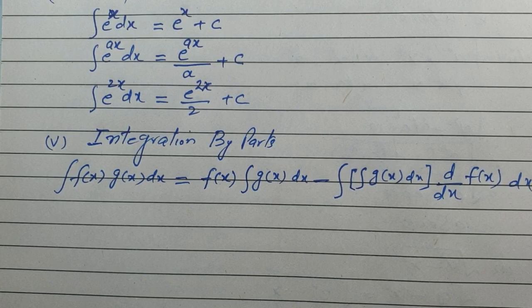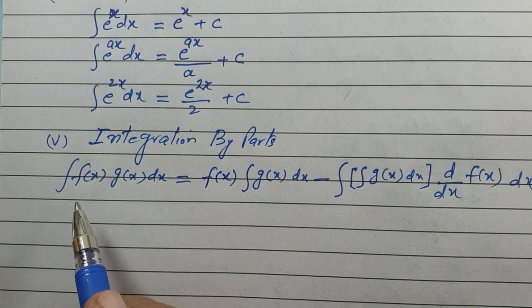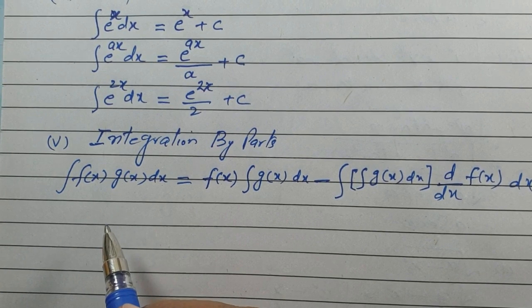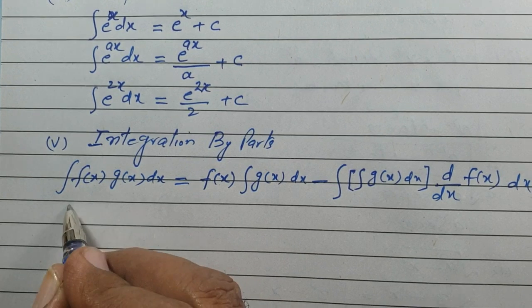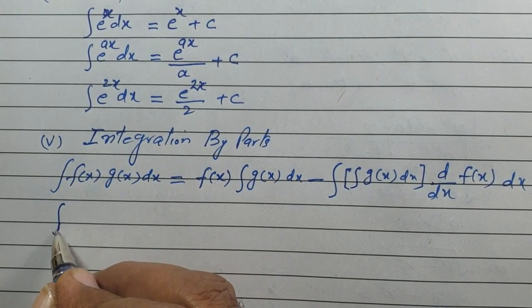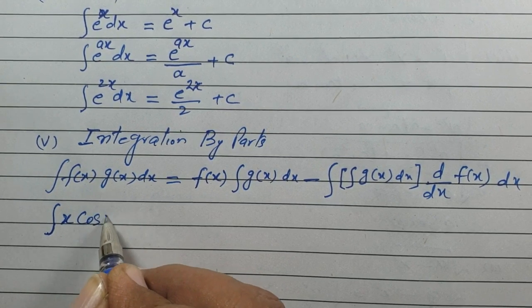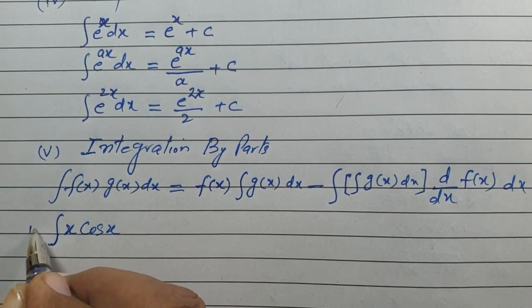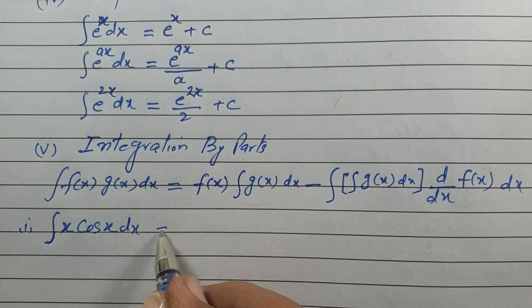It is up to you which function you take as the first and the other as second. It depends upon the functions. For example, x cos of x. First example I show you, x cos of x dx.